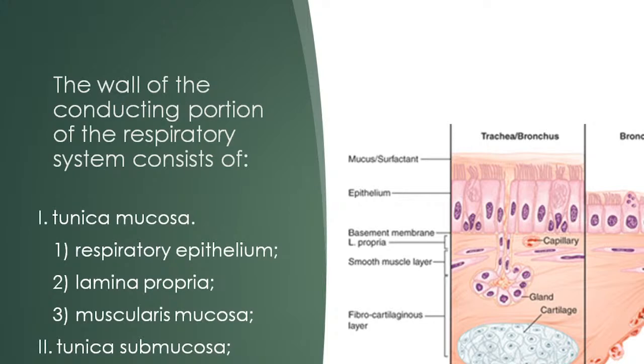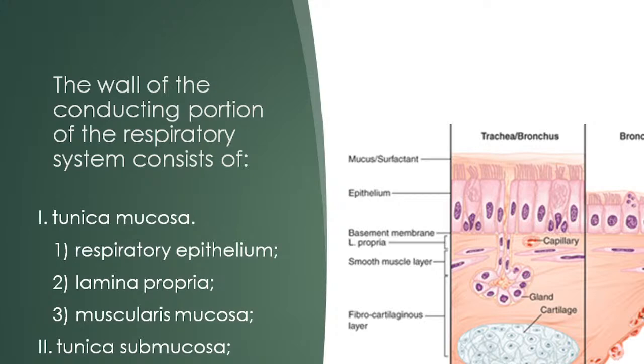The next layer is the fibrocartilage layer. You can see the fibrocartilage layer in the trachea and large and medium bronchi. It decreases as the diameter of the airway decreases, and it's absent beyond the tertiary bronchi. The fibrocartilage layer consists of hyaline cartilage.